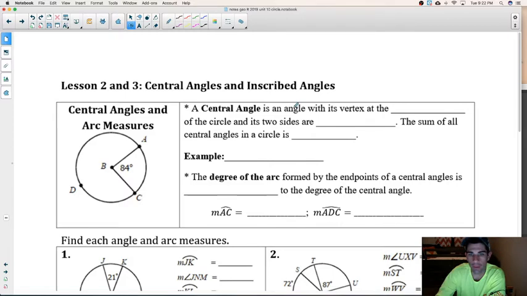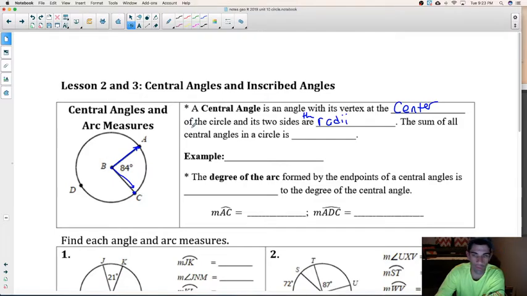A central angle is an angle with the vertex at the center of the circle, and its two sides are the radii. If you're looking at this one, this is a central angle because the vertex is at the center, and then they draw your two rays, or radii, from the center to the endpoint.